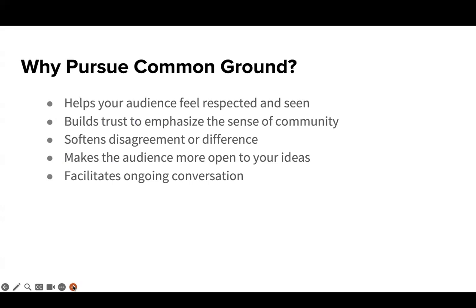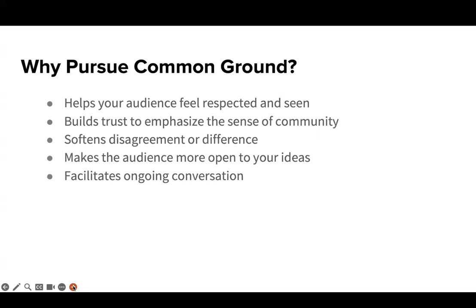Again, do unto others as you would have them do unto you. Second, it builds trust to emphasize the sense of community. That we're all in this earth together, so we're all in this classroom together. Commonality and community in this discussion board.